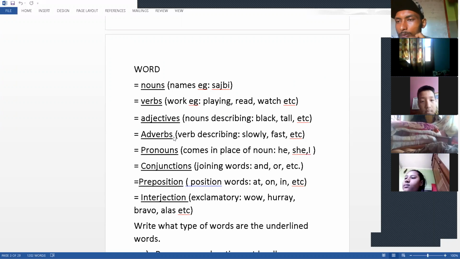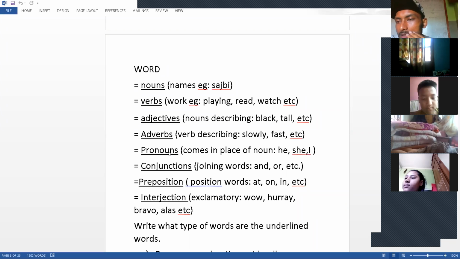Adverbs are words that talk about how the work was done, in which way, like slowly, fast, hurriedly, bravely. So these are the describing words for verbs. These are the describing words for nouns. They describe nouns, adjective; if they describe verbs, adverbs.